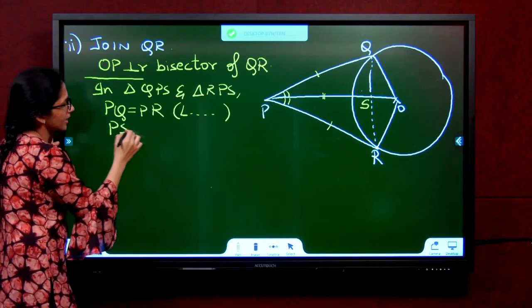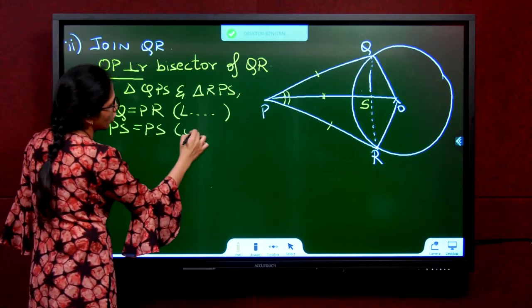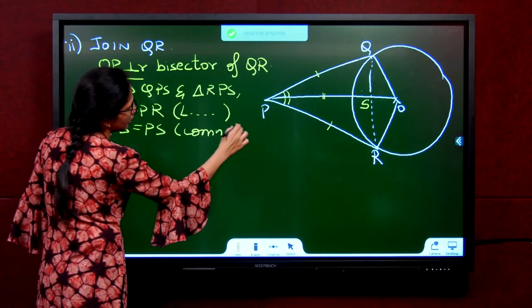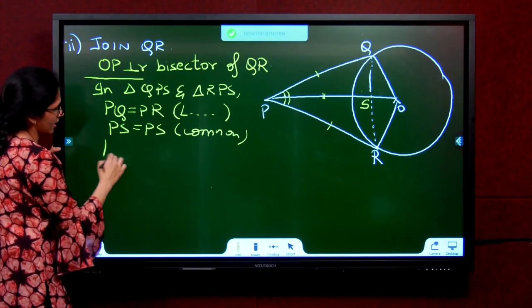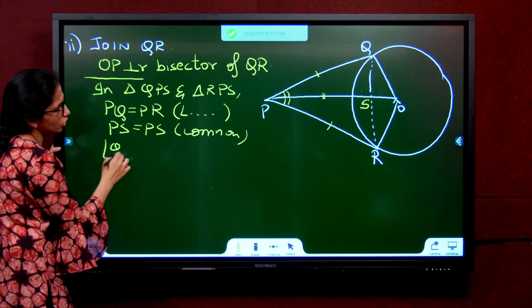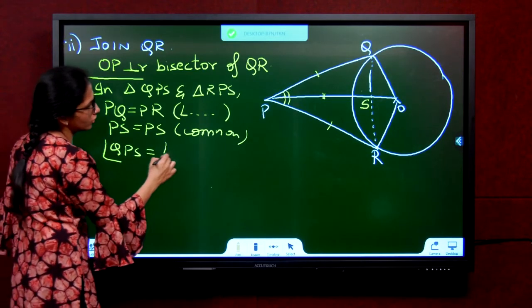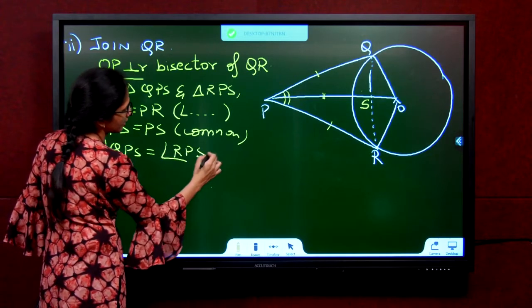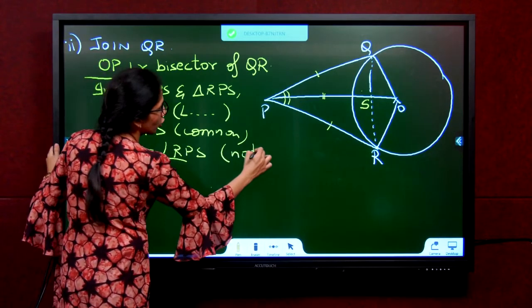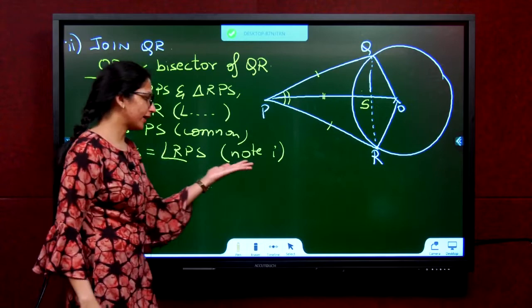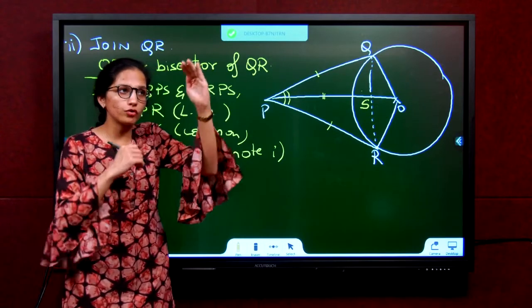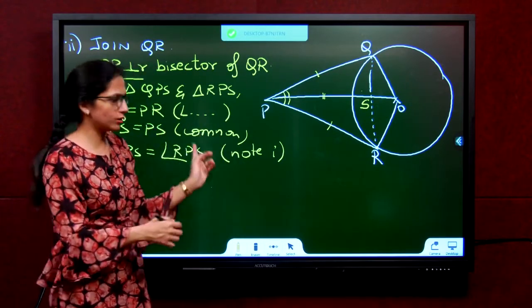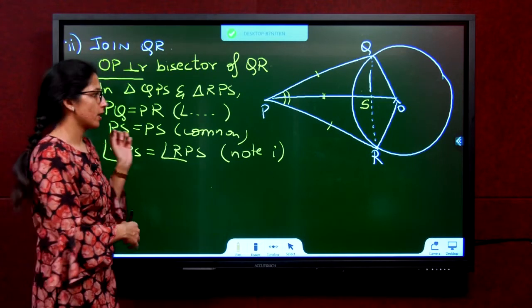Next, PS equals PS, common. Next, angle QPS is equal to angle RPS. Why? We just did it in note 1. Can you write note 1 in the exam? No, you have to prove note 1 again, then do this if you want to show this.